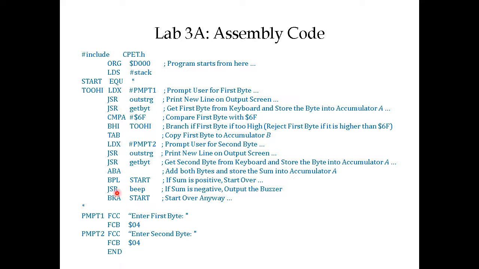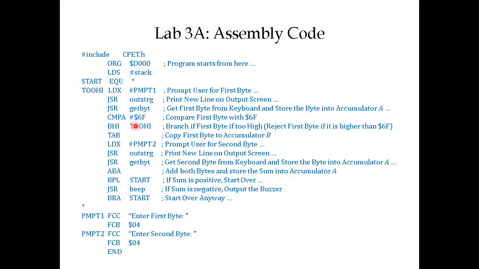At the beginning, I'm just saying, enter first byte. The program will wait until you enter a byte. In the third line, JSR get byte and out string are subroutines written in the cnt.h header file. Get byte takes an input from the keyboard and stores it into accumulator A, okay?